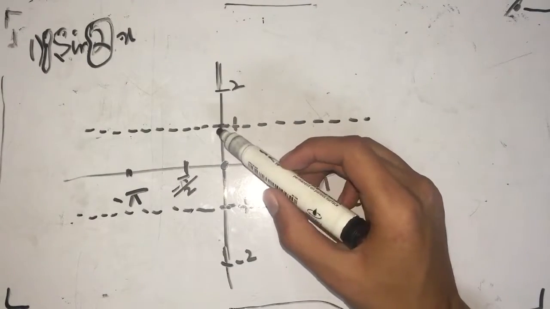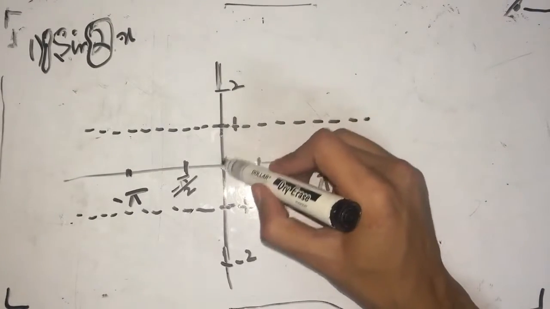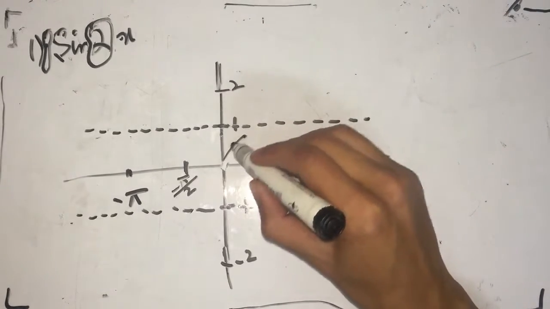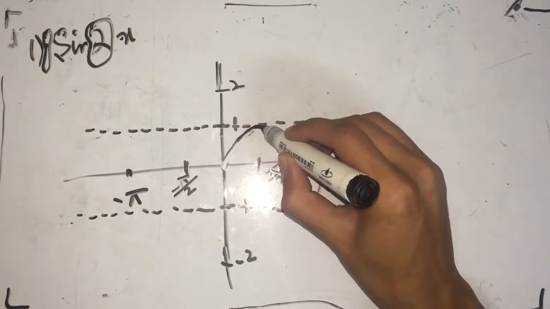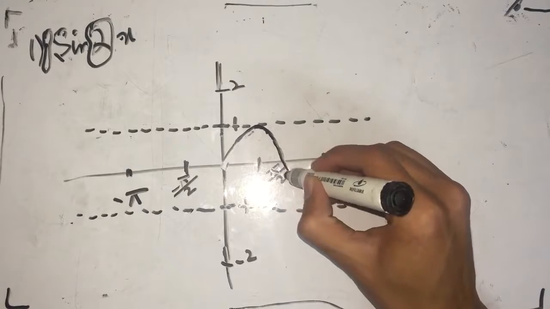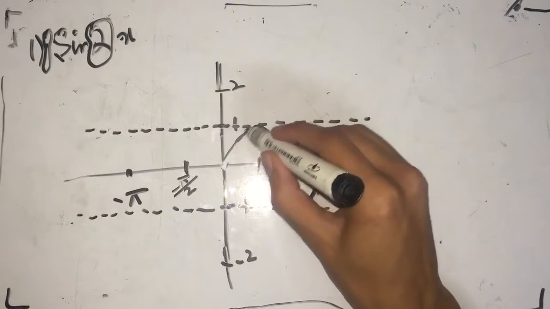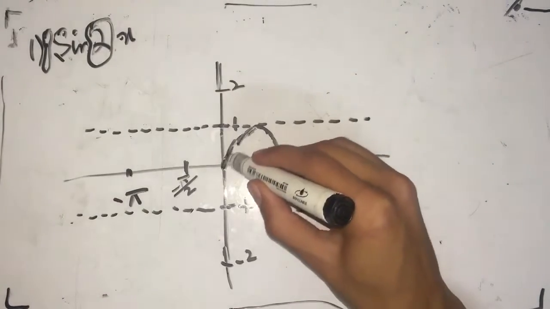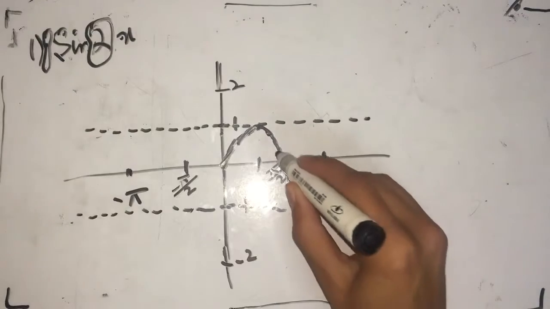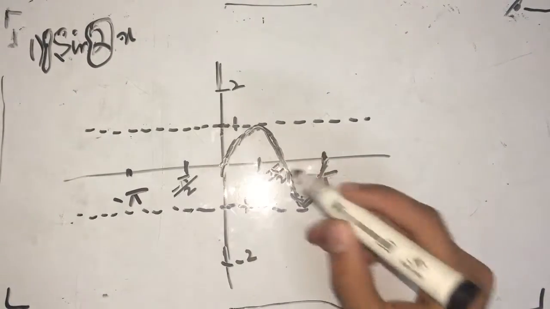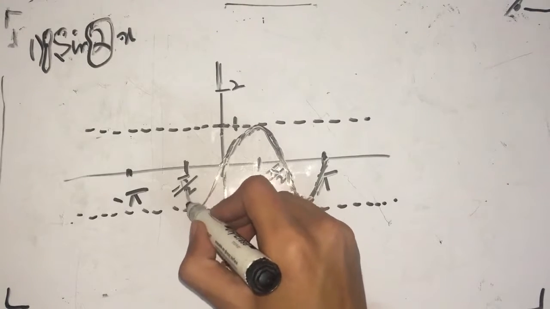So it's going to start here, come here, right here. So that is what this function is going to be, because of its period.